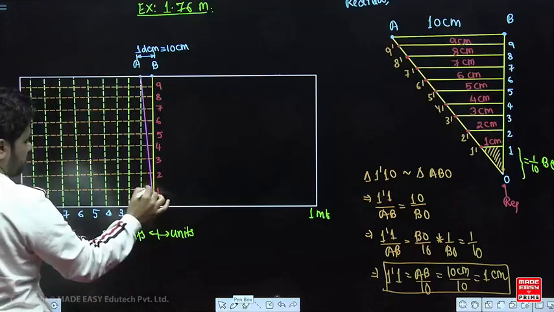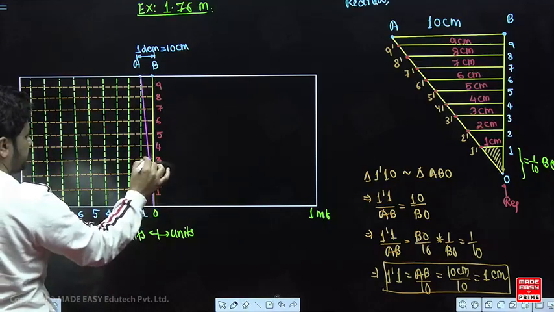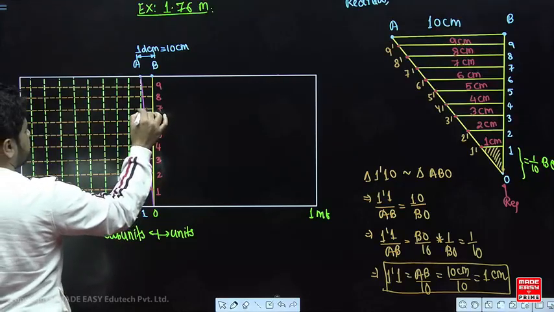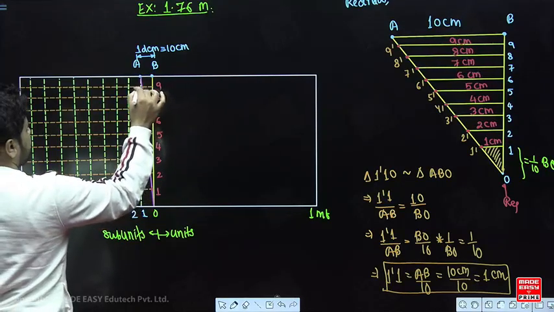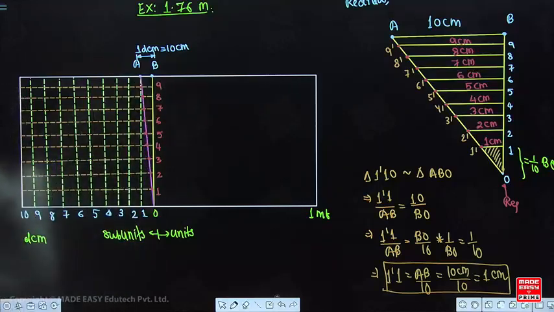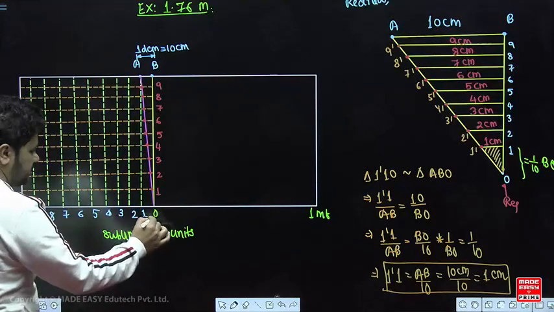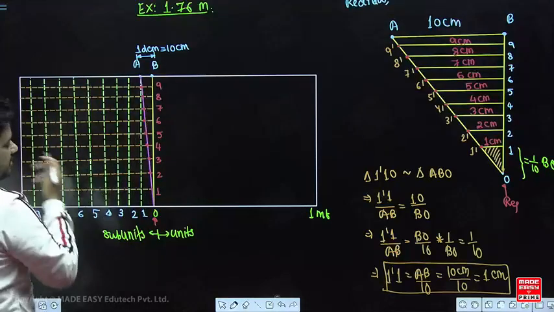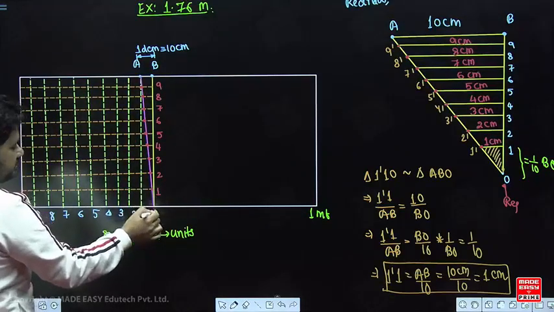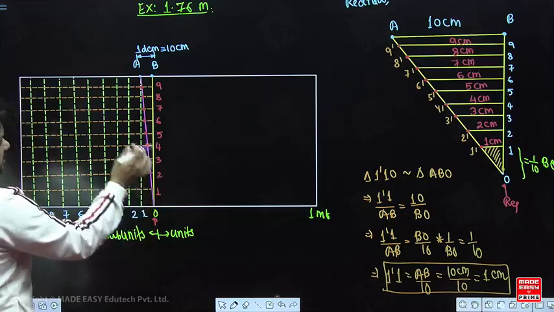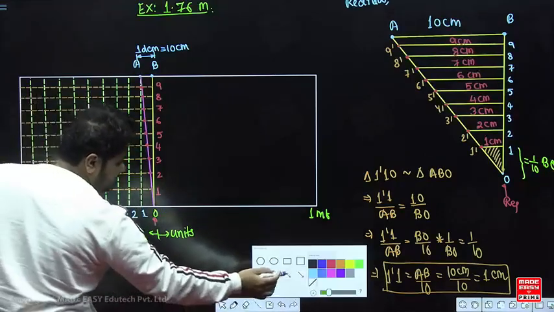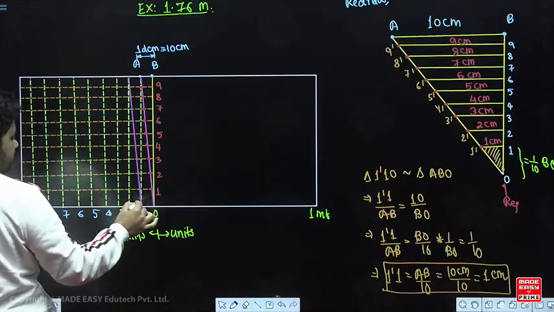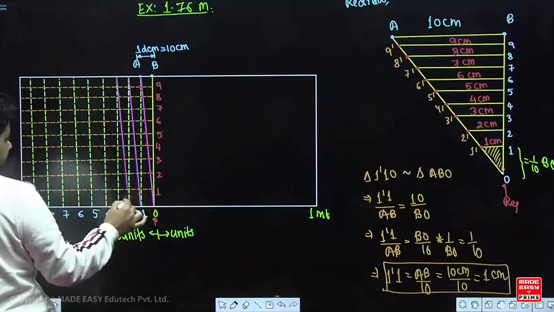You can see that this is how much? 1 centimeter, 2 centimeter, 3 centimeter, 4 centimeter, 5 centimeter, 6 centimeter, 7, 8, 9 and this is your 10 centimeter, right? So from this reference, if you check 1 centimeter, 2 centimeter, 3, 4, 5, 6, 7, that means this will become how much? It is your 1 centimeter, 2 centimeter and so on. So similarly, if I draw this kind of parallel lines, this is what is called a diagonal, right?